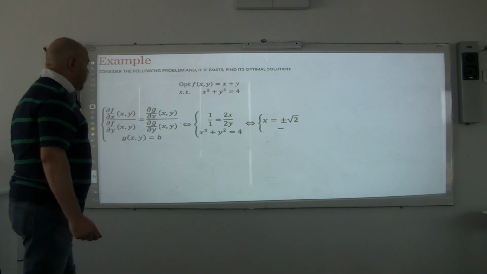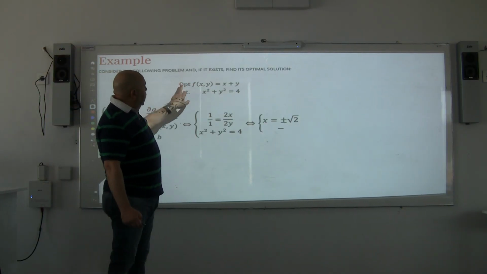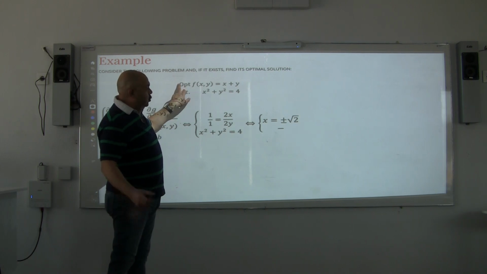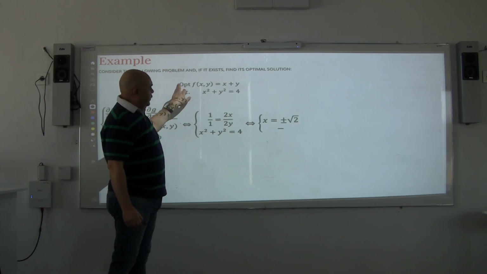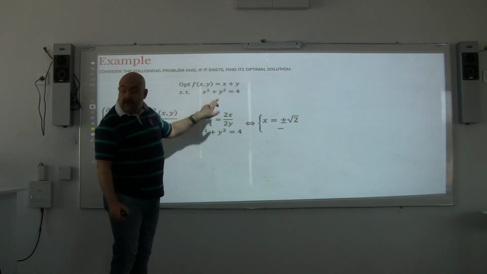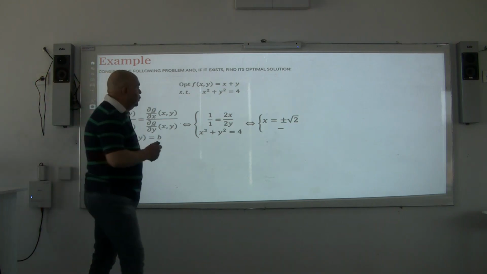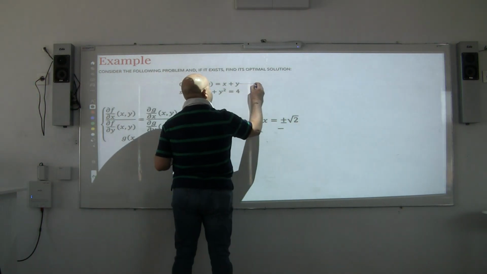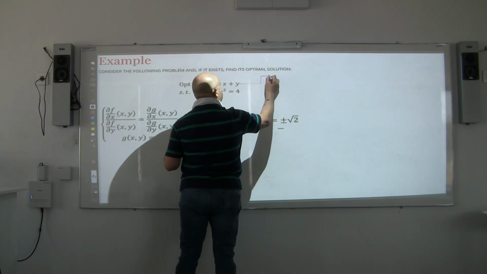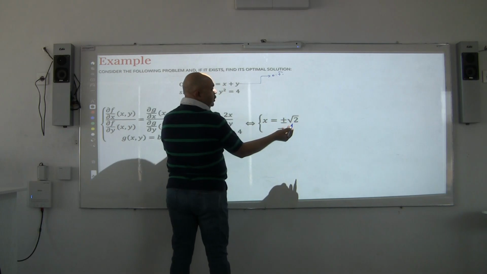So, for example, if I have this example, it asks you to discuss the optimality of the function x plus y subject to this constraint. To solve it, the first step is to take the objective function and get its implicit derivative, which is really very simple.